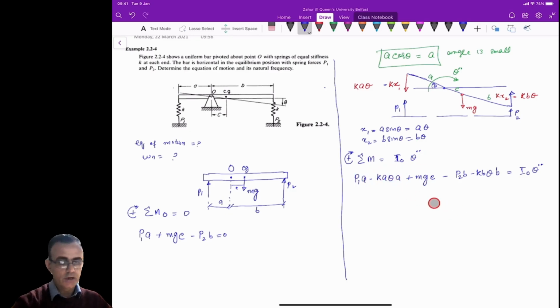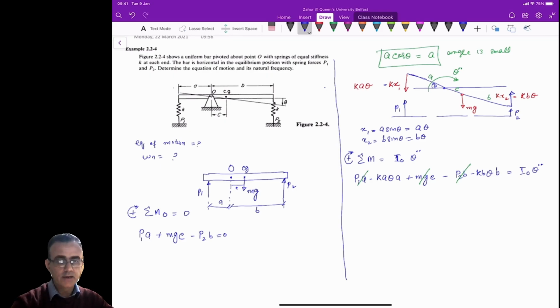So now we have this equation here. In this equation, you can see that P1A plus mgc minus P2B is equal to 0. This means that these three terms are just equal to 0, so we can remove them from this equation here.